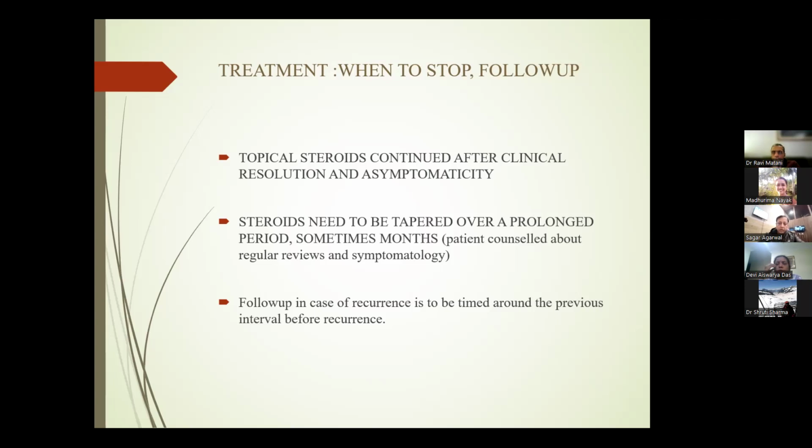How do you taper? Do you taper from 3 times to twice to once, or alternate day? What is your regimen? I don't do alternate day. Suppose the last recurrence was treated with 4 times for 10 days, 3 times for 10 days, and the patient had a recurrence after 3 months.